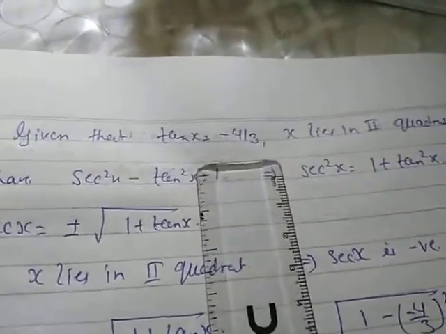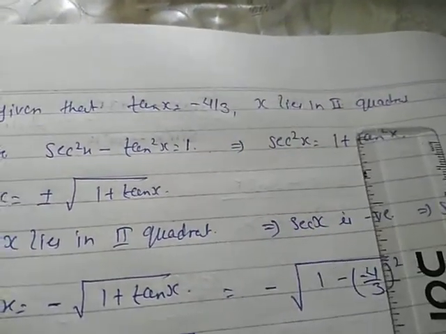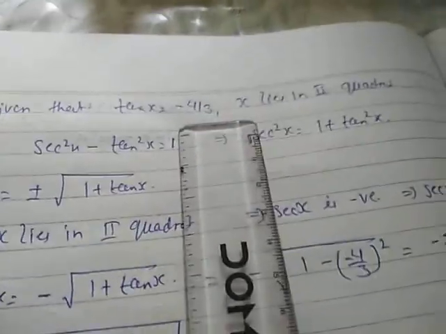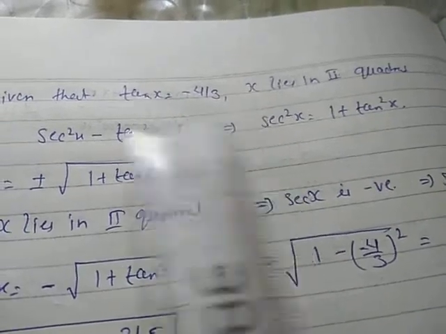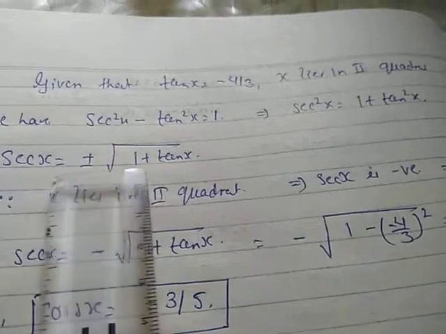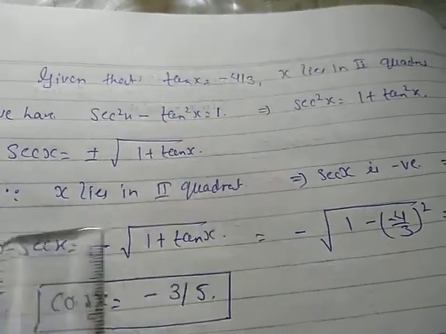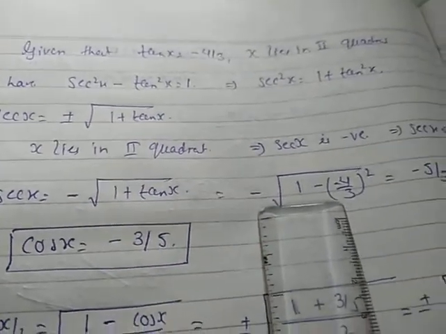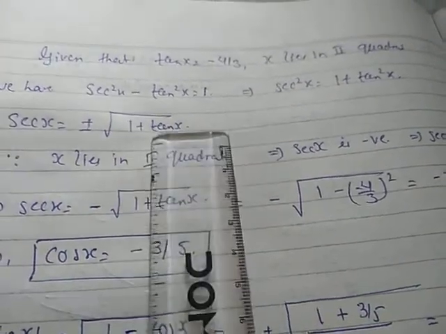Now I am explaining question number 8. In question number 8, tan x is given minus 4 by 3 and it is given x lies in second quadrant. So since tan x is equal to minus 4 by 3, we can use the identity sec square x minus tan square x is 1. Here we can find out sec x, that is plus minus under root of 1 plus tan square x.